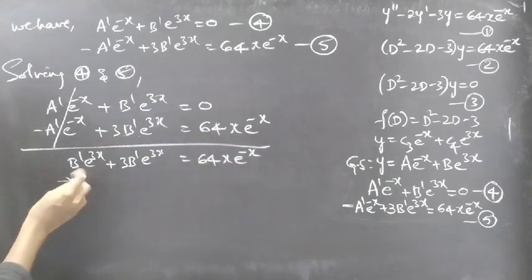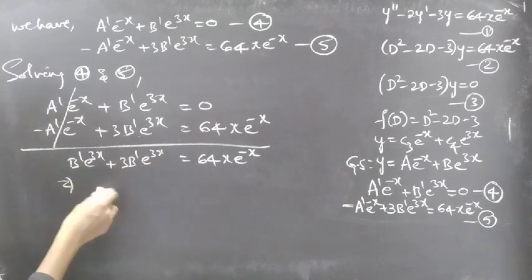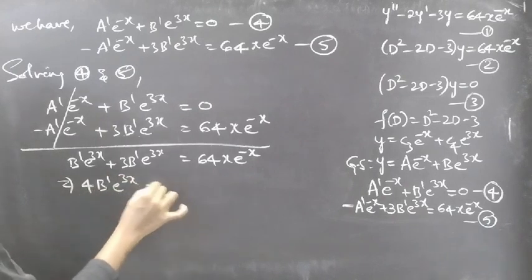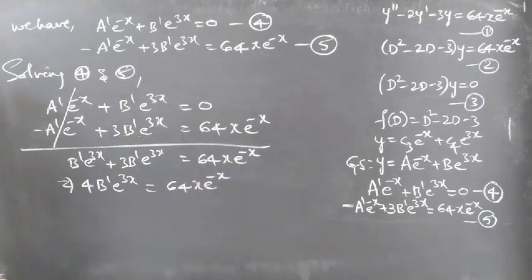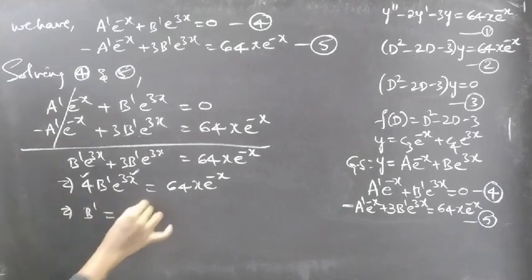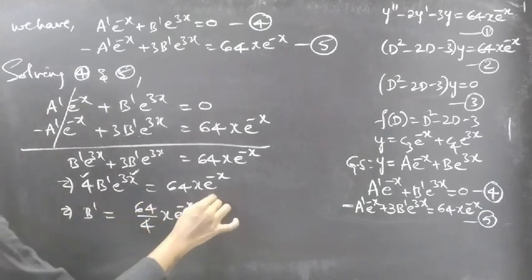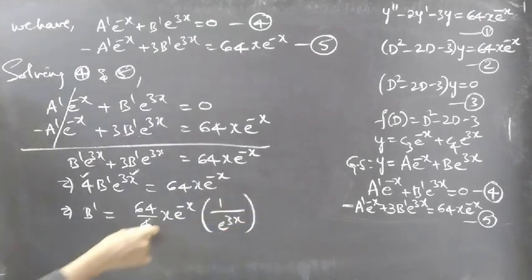This gives us b dash e power 3x plus 3b dash e power 3x is 4b dash e power 3x equal to 64x e power minus x. Okay, now let's take 4 and e power 3x to RHS. We'll get b dash equals 64 by 4 into x e power minus x into 1 by e power 3x.